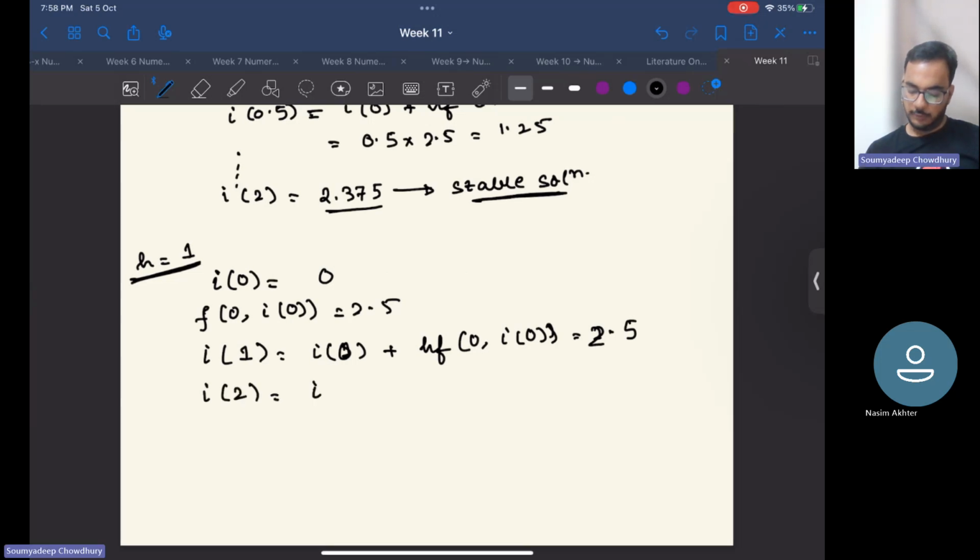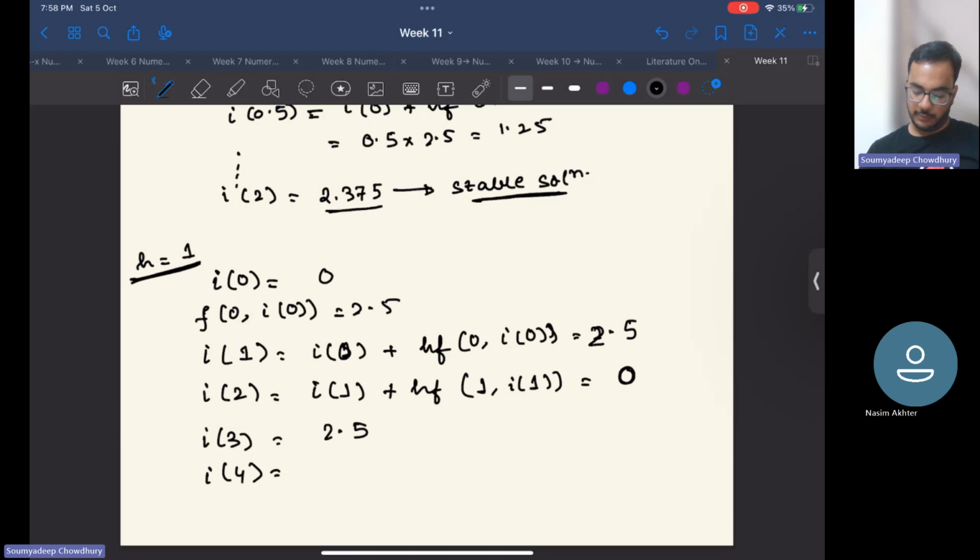I of 2, if you do I of 1 plus h into f of 1 comma I of 1, you will see it is coming as 0. I of 3, if you calculate, will be again 2.5. Again, I of 4 will be 0.